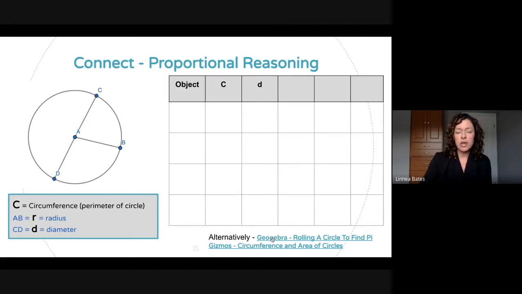You'll notice there's a couple of links on that particular slide. GeoGebra has a great activity where they roll a circle and they can see how the diameter is related to the circumference. And there's a Gizmos activity there that's great to do that with.